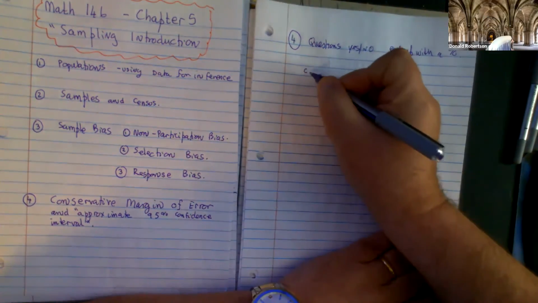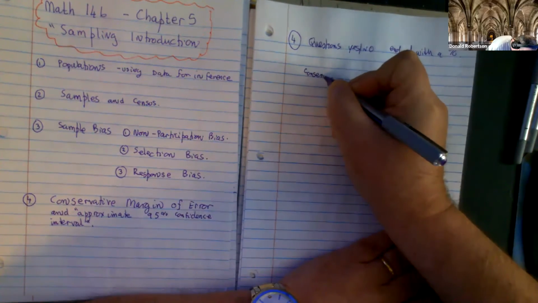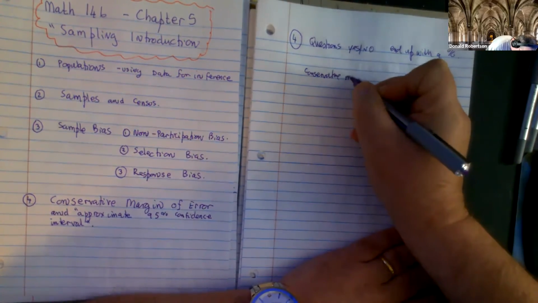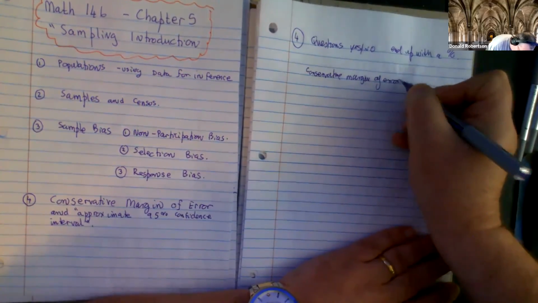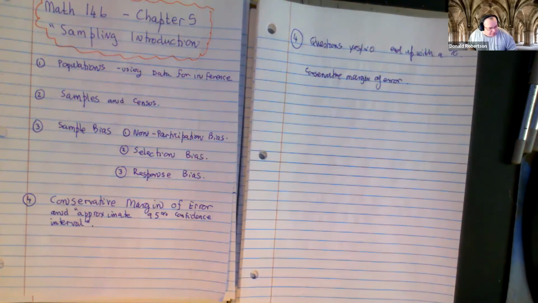The conservative margin of error is a number that we've arrived at through experience that gives us an idea how much wiggle room there is in your sample. In other words, if you do a sample and 20% of them say, I went to the movies last week, and we'll assume they're not lying and everything else was good, you know that's not guaranteed to be the real answer for everybody in America, right?